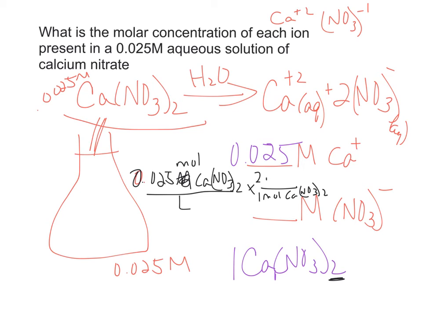This is a 2-to-1, so we're going to have 2 moles of just nitrate in my 1 mole of the whole thing. Equal sign. So these moles cancel with these. So my concentration of nitrate is 0.050 moles per liter of nitrate, if you can read that.